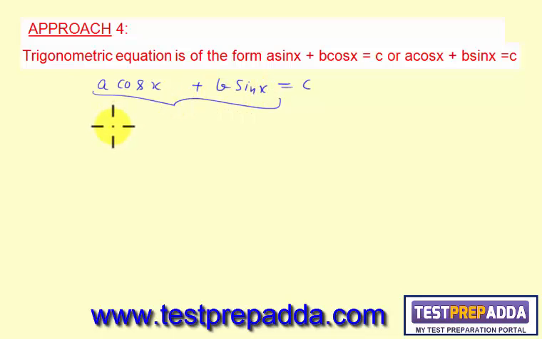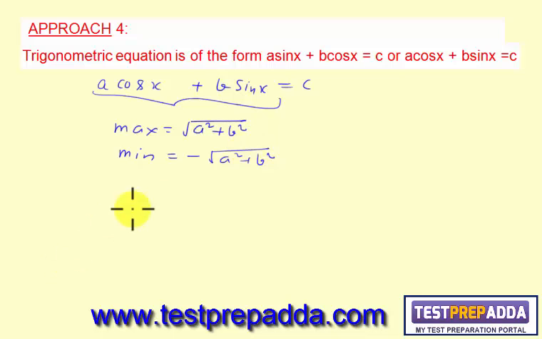The maximum value was root a square plus b square, and the minimum value was minus root a square plus b square. So it is very important to check whether this c is between maximum and minimum or not, because if it is not, then the equation will not have any solution.